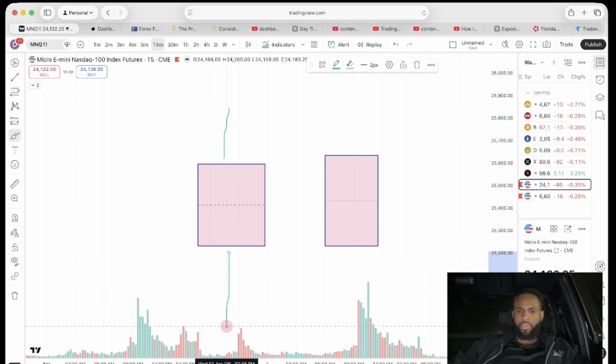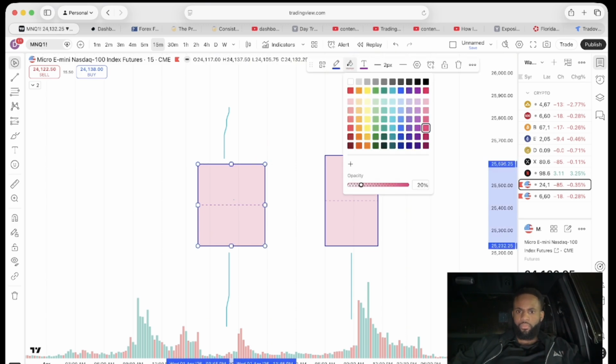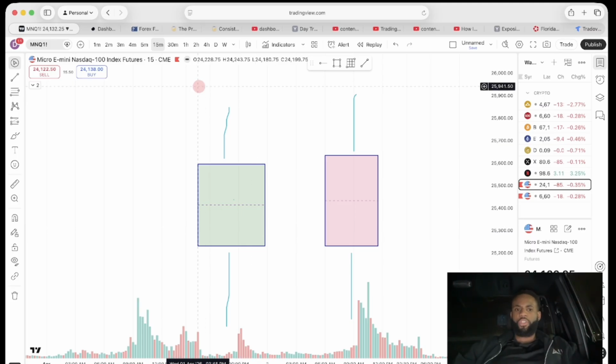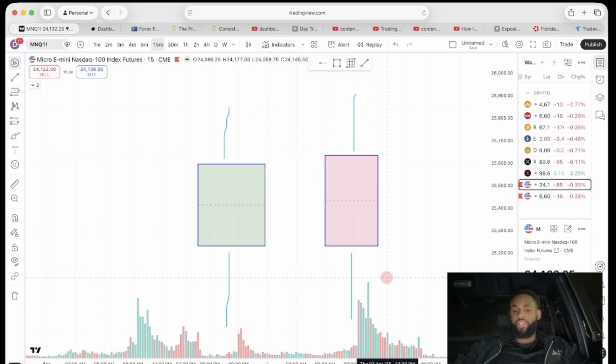So this is a candlestick. This is a candlestick. I'll make this one green. This represents bullish price action, and this represents bearish price action.